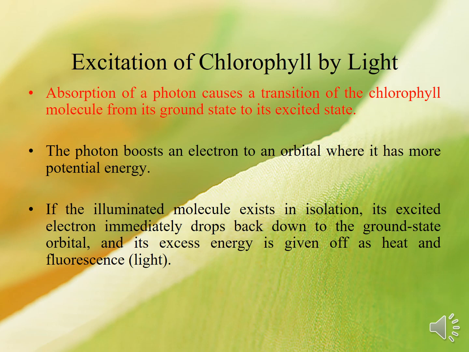This photon energy boosts an electron to an orbital where it has more potential energy, meaning at its excited state. At the excited state, it immediately drops back down to the ground state orbital and releases its excess energy as heat and also fluorescence. Fluorescence represents light.